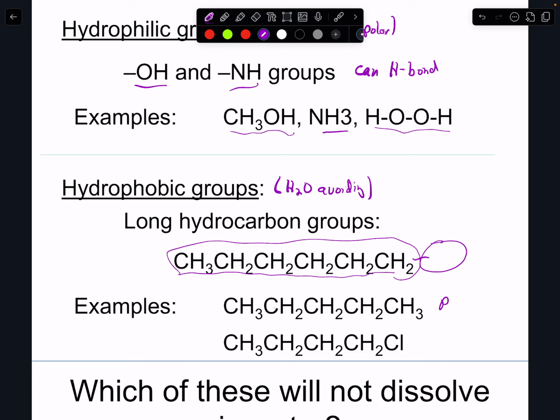This is pentane. So pentane, like all hydrocarbons, is nonpolar. And this is chlorobutane down here. And it's still also fairly nonpolar, so I would expect that to be not terribly soluble in water because it's got a big hydrophobic group and one relatively small, not all that polar hydrophilic group.